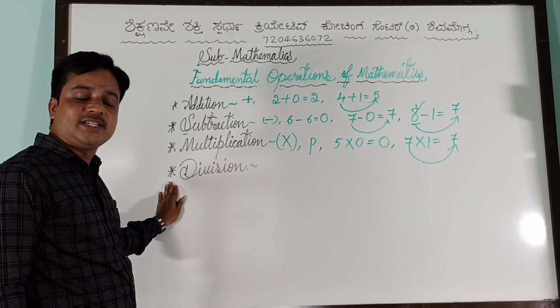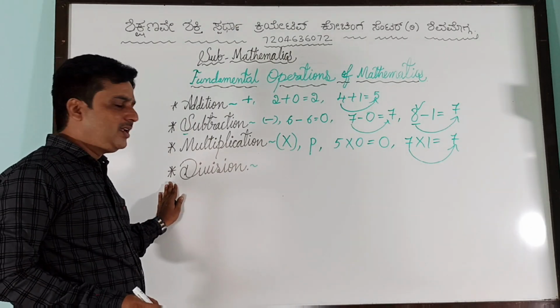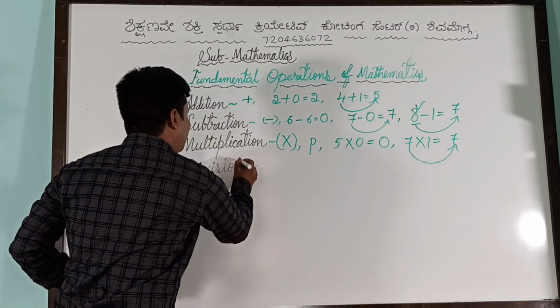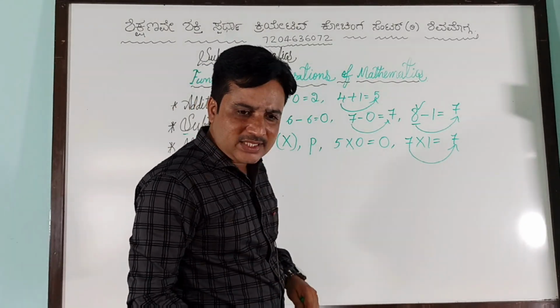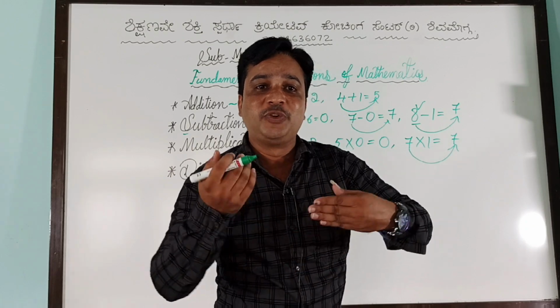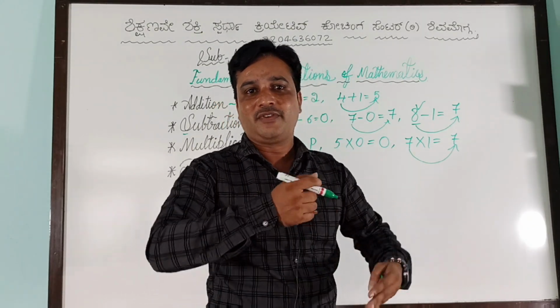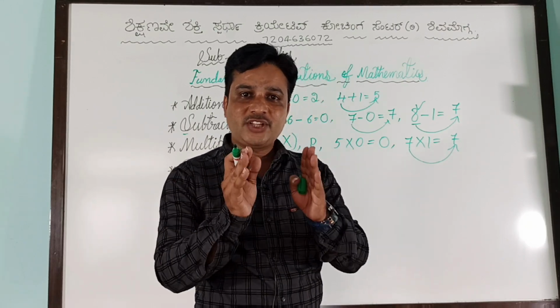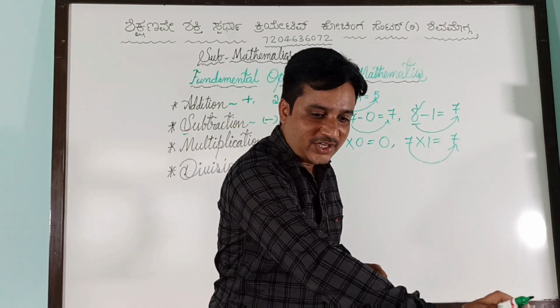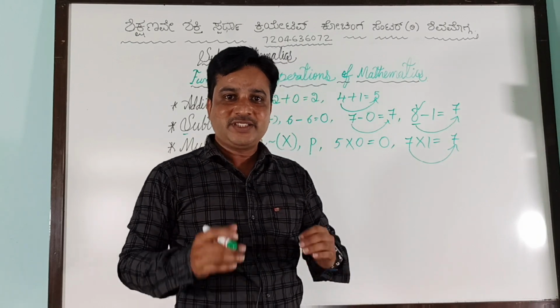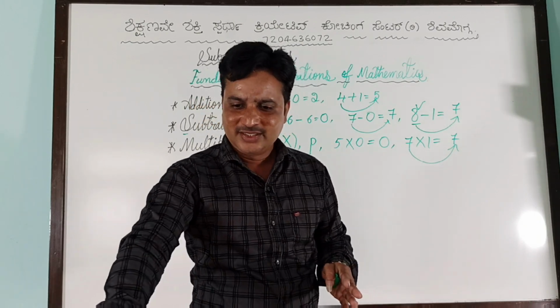Next, the fourth operation is division. First let's learn what division means. Division means equal distribution. For example, I have 10 chocolates. Here 5 students are sitting in front of me. Just assume 5 students are sitting here.